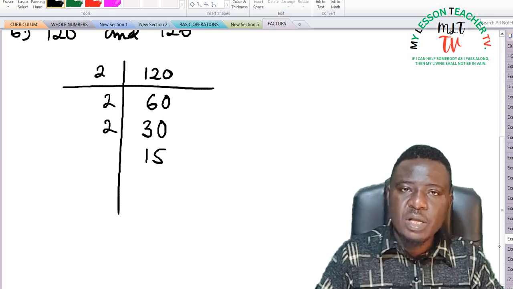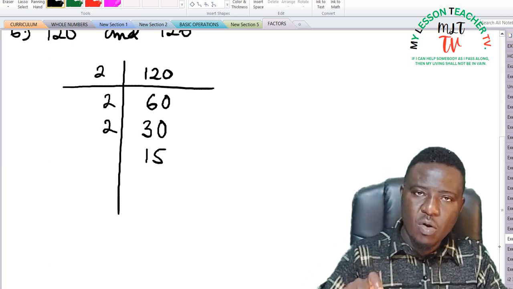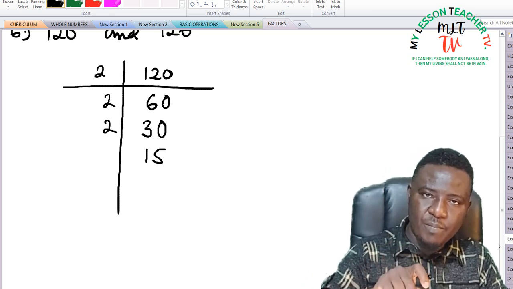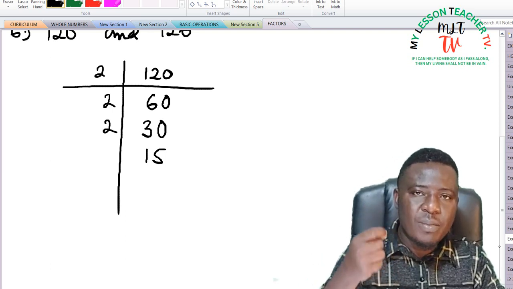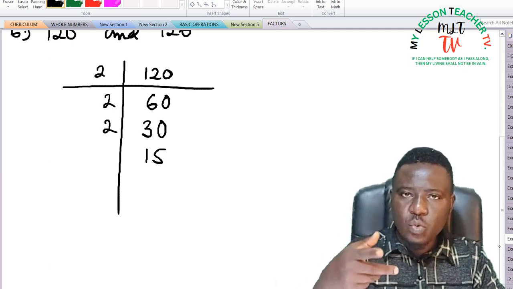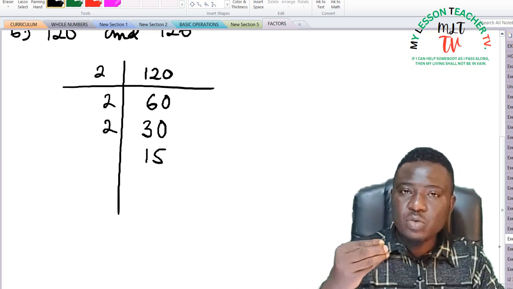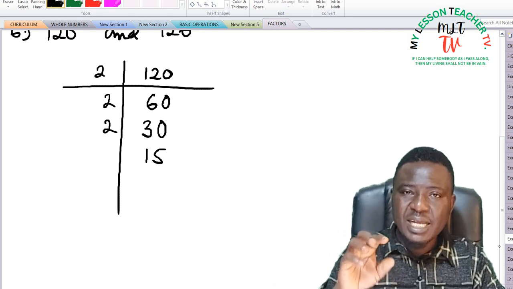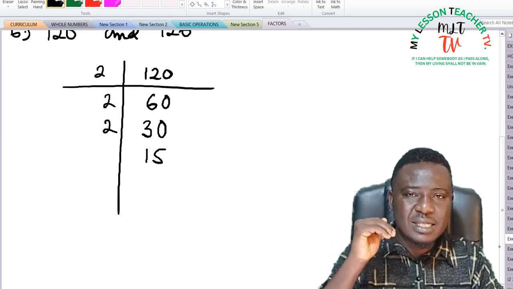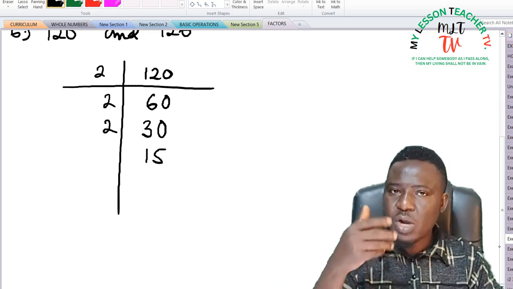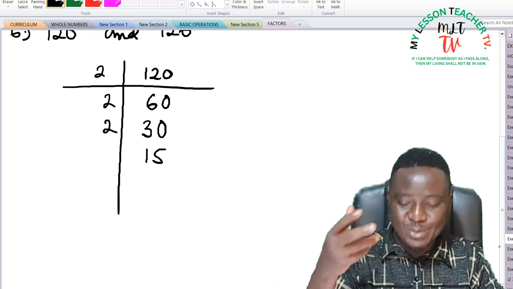Reason being that the rule for divisibility by 3 states that the sum of the digits in that number must be divisible by 3 or a multiple of 3. When you add 1 and 5 together, it gives you 6, and 6 is divisible by 3. This rule is only applicable to numbers divisible by 3, so you are not to use it when you are looking for numbers divisible by 4 or by 2.